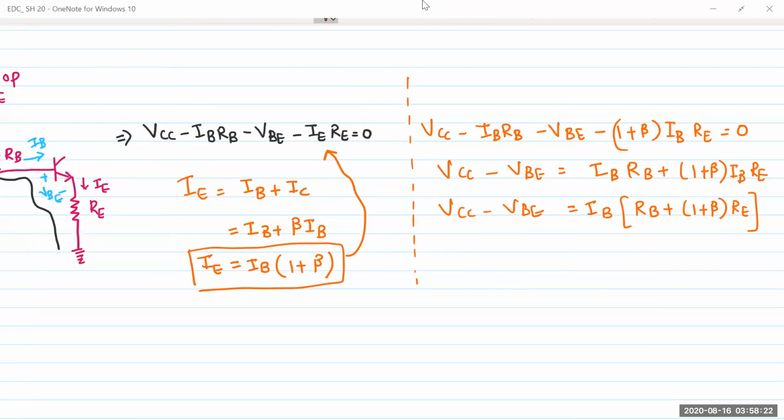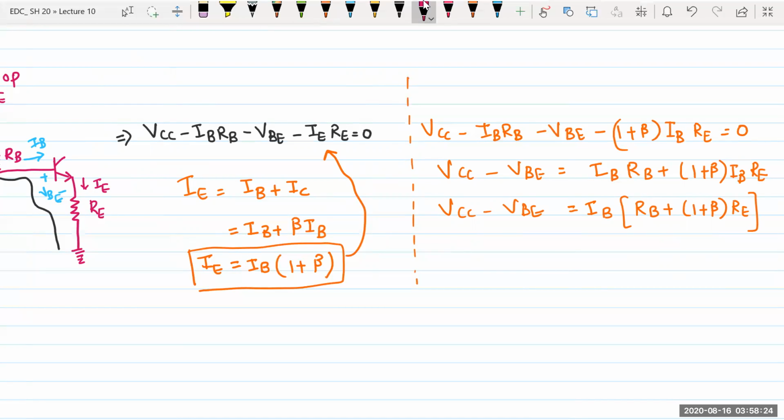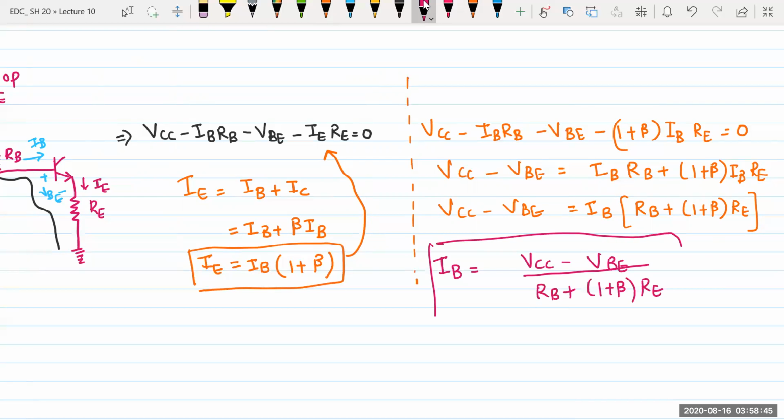So from this, I get my IB equal to VCC minus VBE divided by RB plus 1 plus beta times RE, for the emitter bias circuit or a fixed bias circuit with the emitter resistor. So this is what my input loop or input part is.